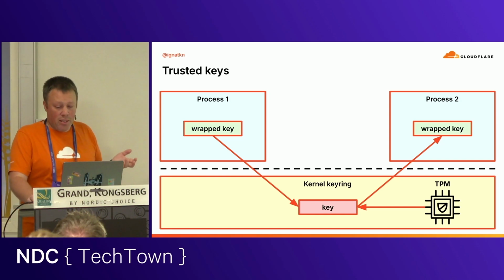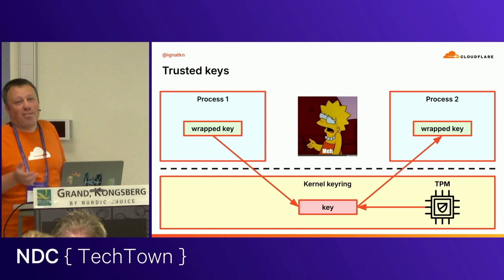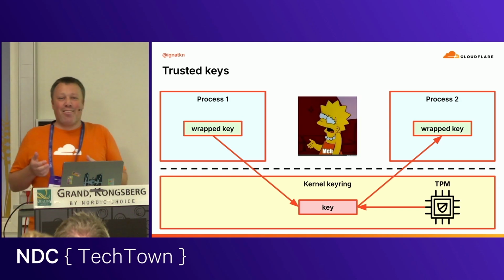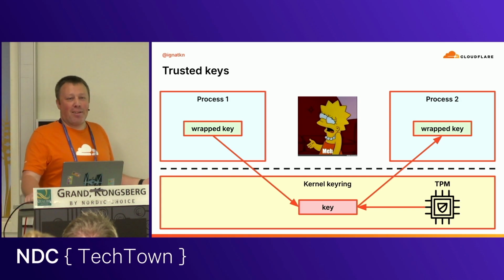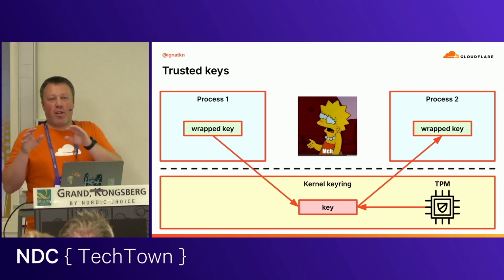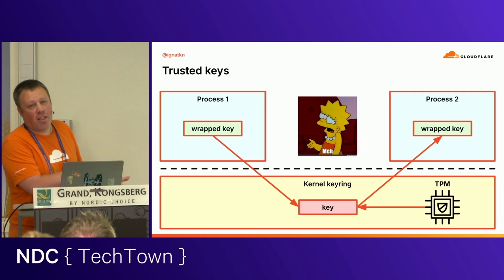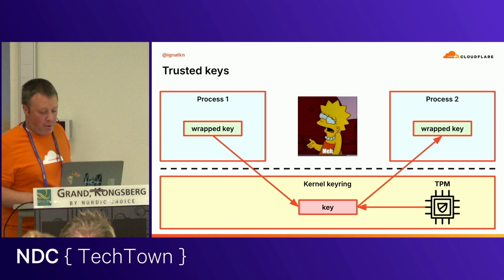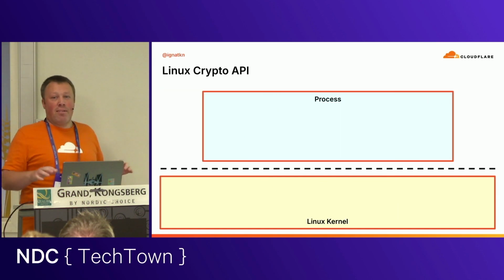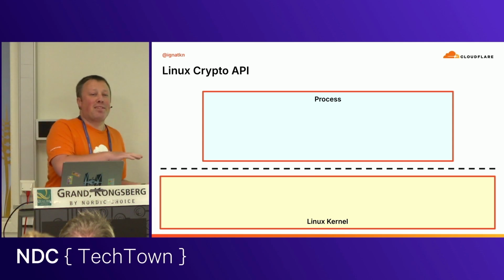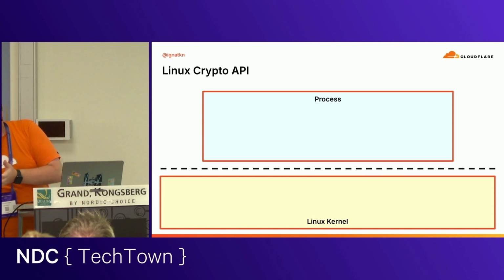Which is very handy, but originally when it was introduced, it wasn't very useful. If you have a key that is only in plain text in the kernel, it's only useful for one particular use case: sharing the key for disk encryption. That's it. It turns out Linux has the key store as one subsystem, and the Linux Crypto API as a different subsystem.